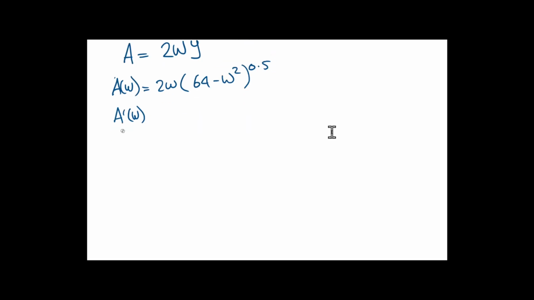So I'm going to separate these into two bits. It's going to be U times V. And V itself I'm going to need to cut up into smaller pieces because it's a function within a function.